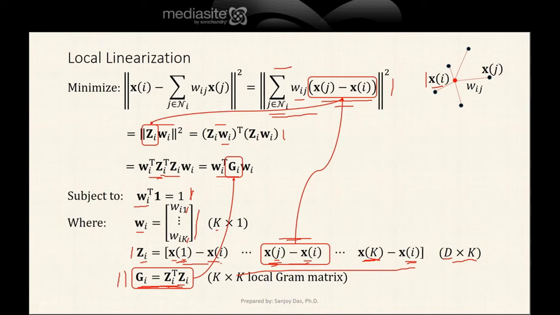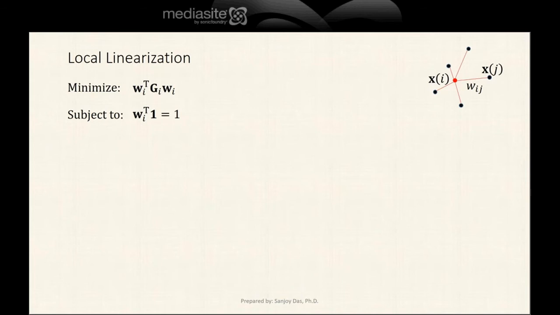Whence I have to minimize this Wi transpose Gi Wi subject to this constraint, Wi transpose 1 equals 1. So this is what I land up with. And so what's the solution to this constrained optimization problem? It's given by this expression here, and this can be derived readily using Lagrangian.